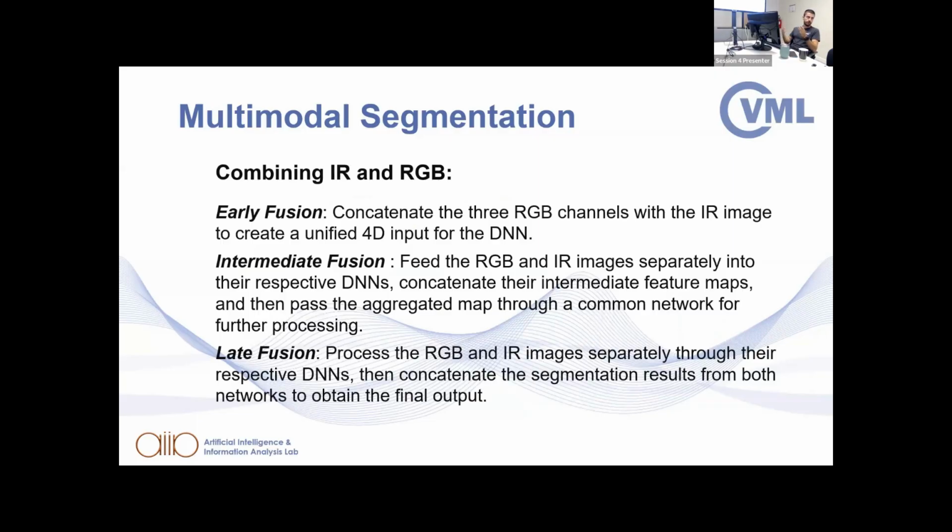There are 3 main strategies in order to fuse these model inputs. The first one is early fusion. This approach concatenates the 3 RGB channels with the infrared to create a unified four-channel input.